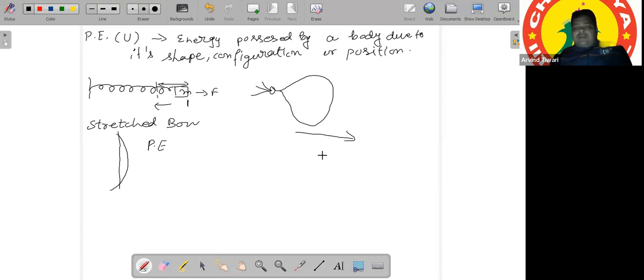A stretched rubber band also has potential energy stored in it. Now the other situations, for example, let us consider here. Suppose we consider this to be the ground level, and from the ground level we try to lift some substance to a certain height h.